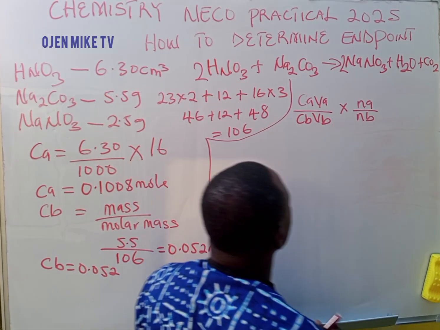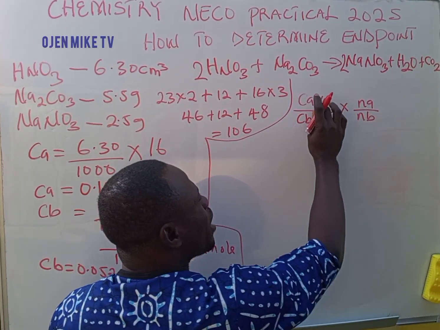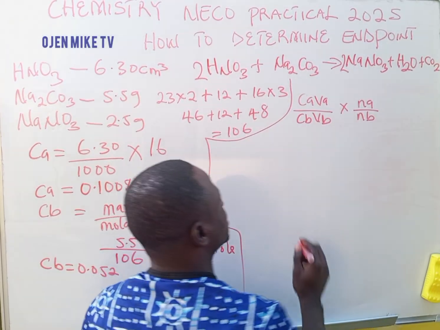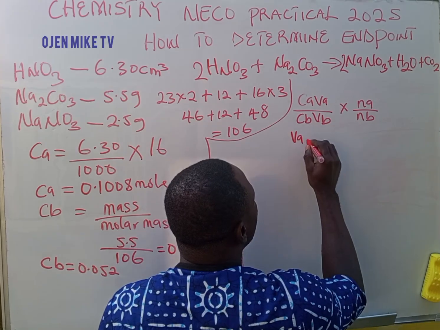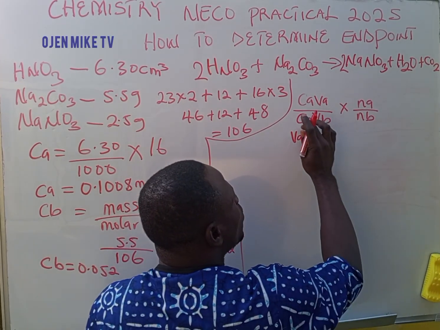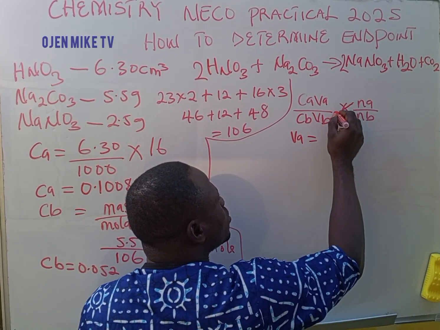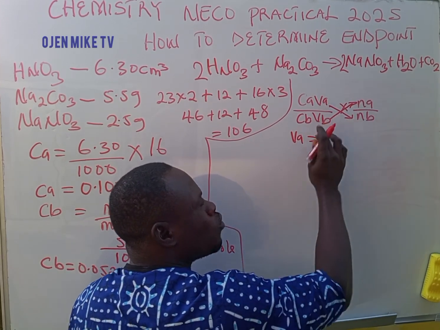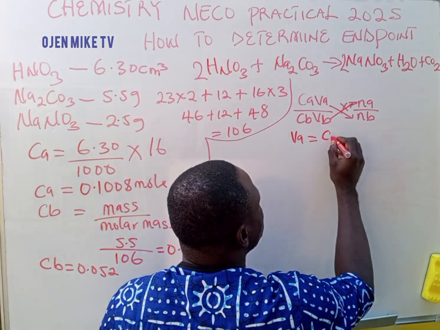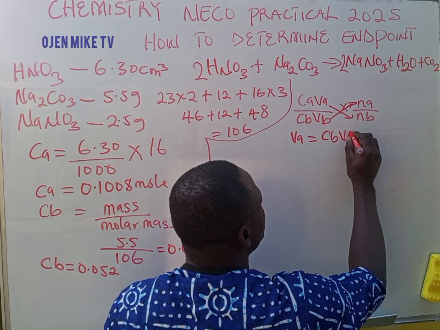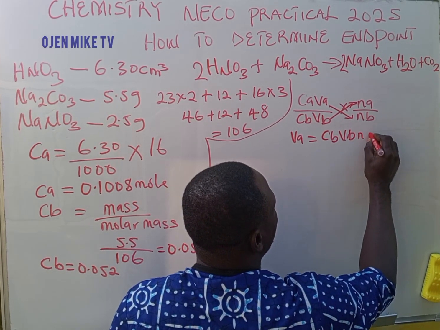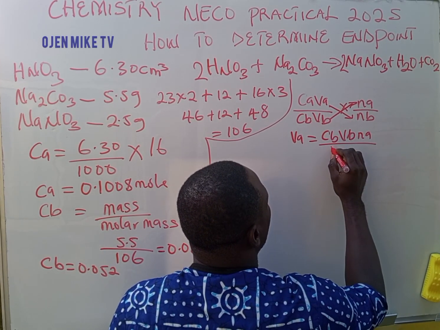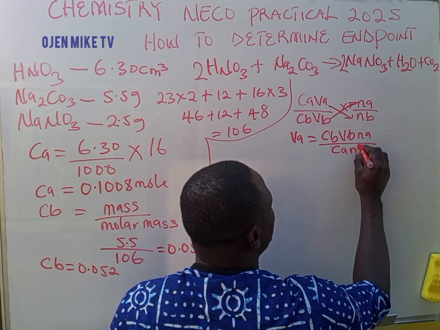So now we want to make Va the subject, because we are looking for the volume of acid. Va will be equal to: this one will go here and this one will go here. So this one, that is 3, will be on top. Is that okay? So we have CbVbNa all over CaNb.